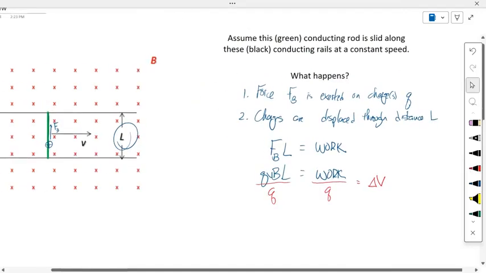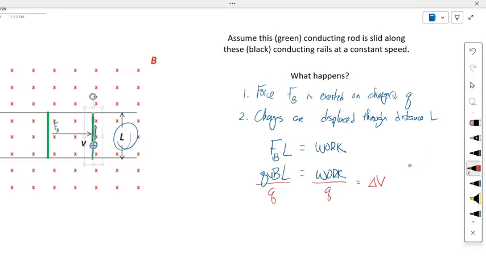So when we move this bar, this green rod, away like that, we create a potential difference between the ends of the rod. And the rod, in effect, becomes, well, not a battery, but a source of potential difference.